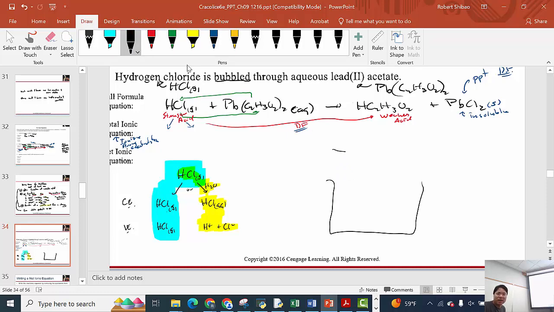So I have a tank of hydrogen chloride gas, and then I'll just add a tube in here. And so I'll be bubbling the HCl gas in the water.